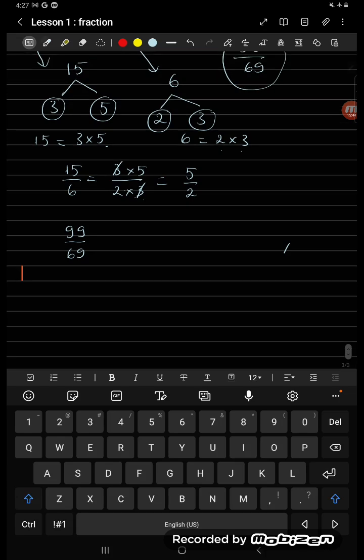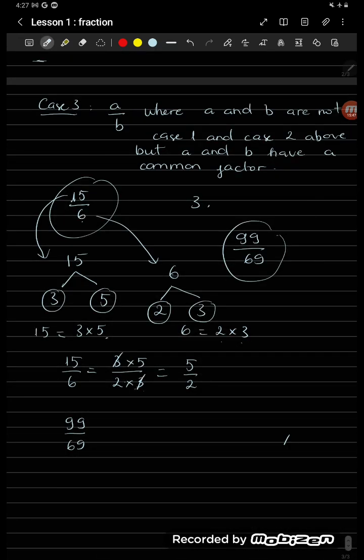I will talk about it while I'm doing it. So 99 over 69. Let's see if we can find a product of prime numbers of 99 and a product of prime numbers of 69. Let's start with 99. Can 99 divide by 2? No, because the ending number is 9, and 9 is an odd number. It's not an even number.